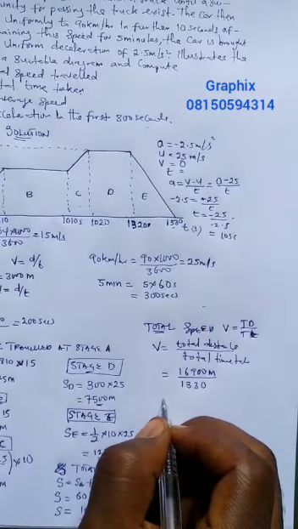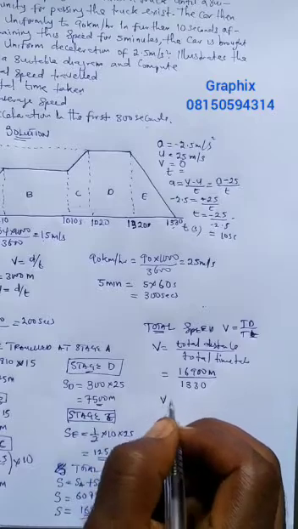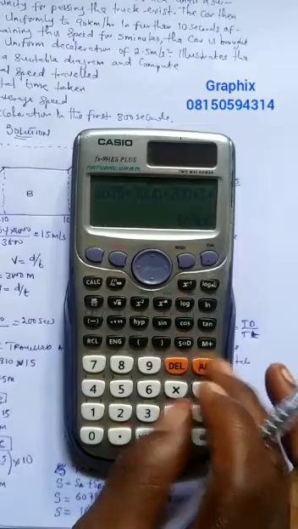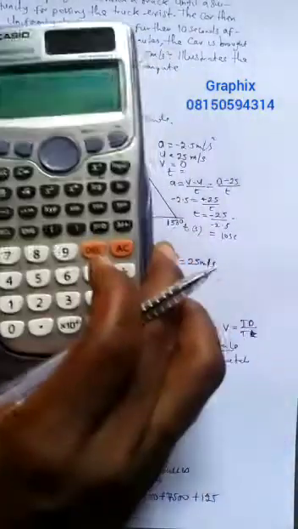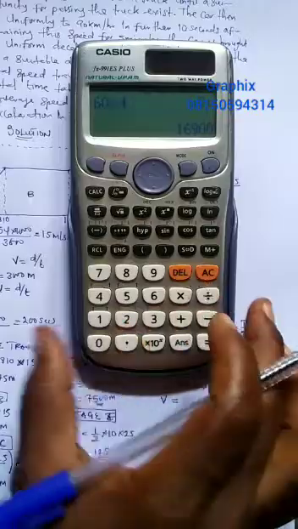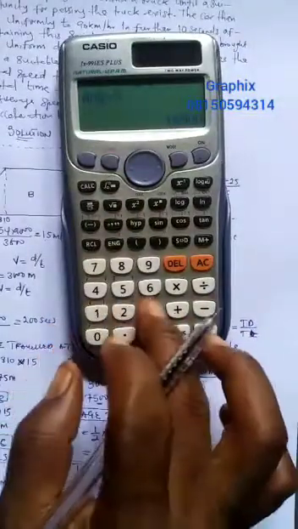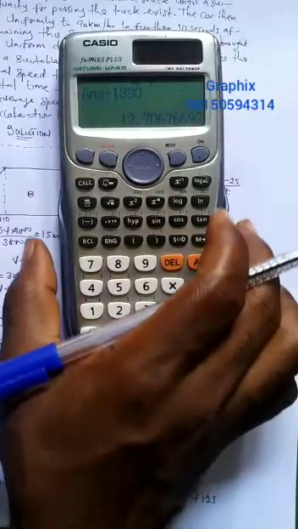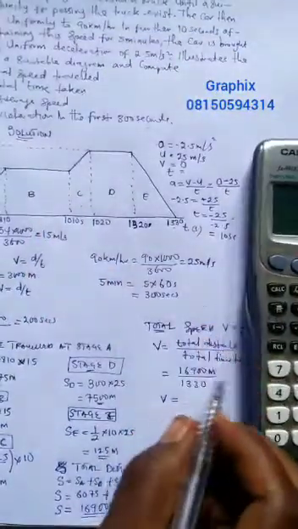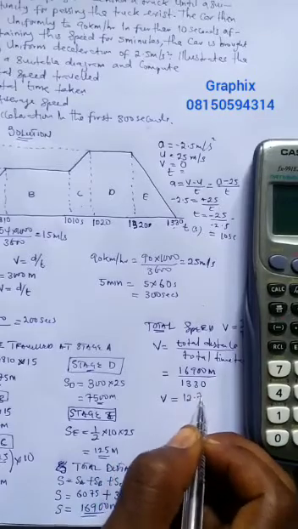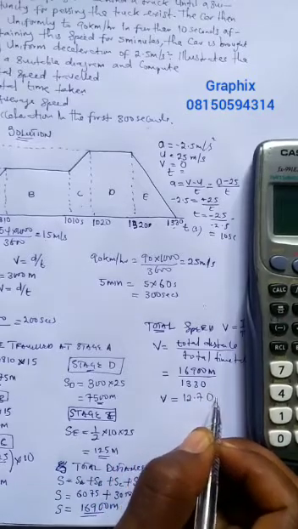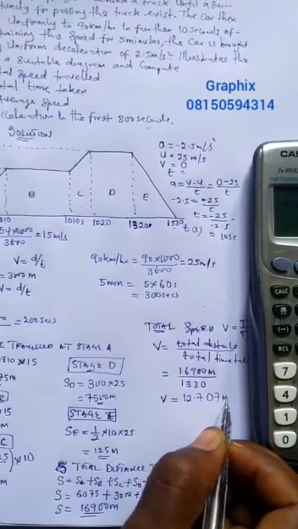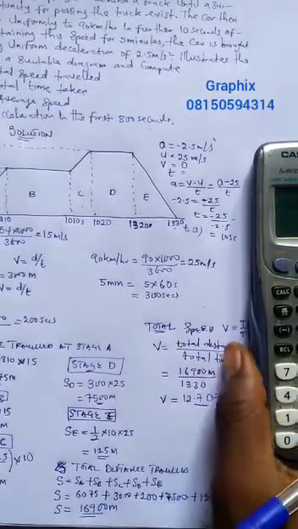So the speed V here will be equal to 16900 divided by 1330, and that'll give me 12.707 meters per second. That is the speed traveled there.